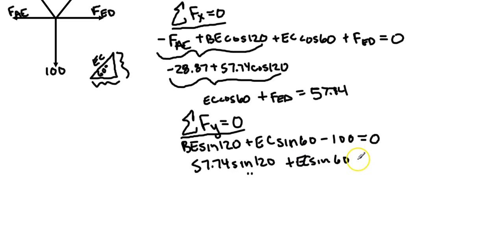EC times the sine of 60, minus 100 equals 0. And I'll let you go ahead and solve that. We're going to isolate EC, so we need to combine these two constants here and then divide by sine of 60.